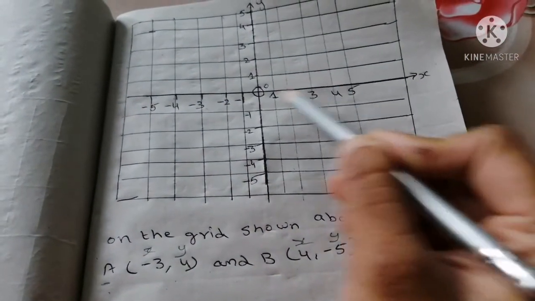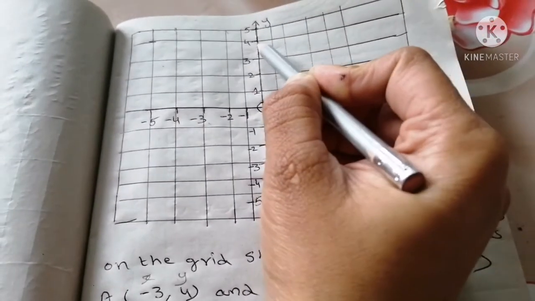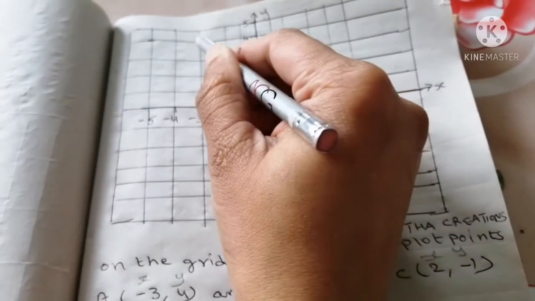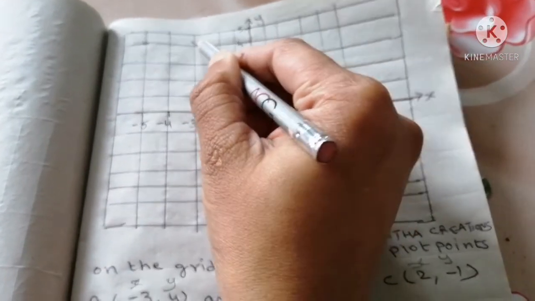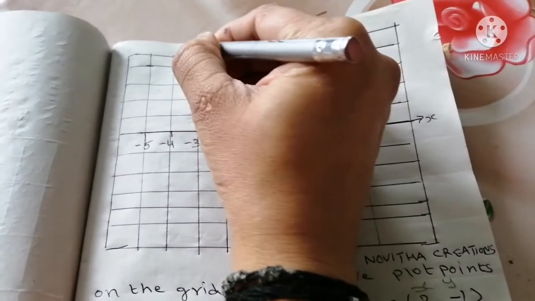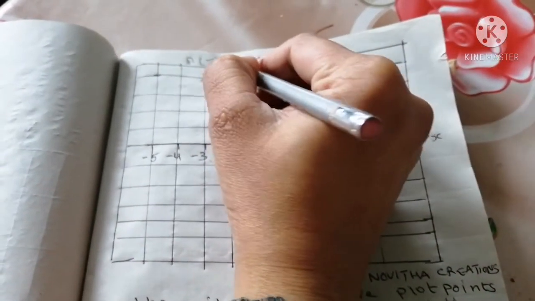This is x-axis. Minus 3 is here. 4 on y-axis is here. So minus 3 comma 4. So we need to plot like this, and we need to show A minus 3 comma 4.